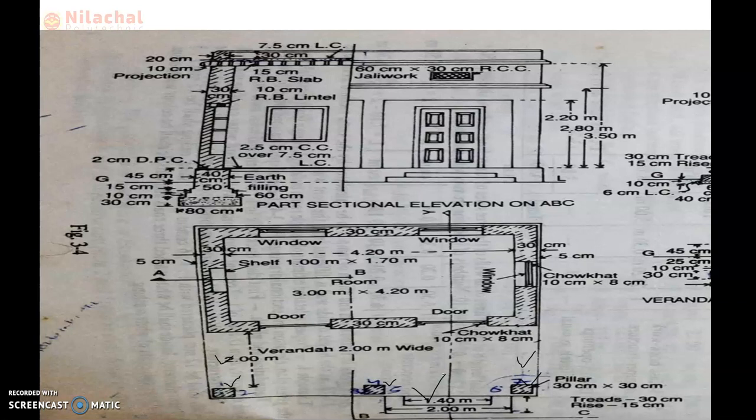We already considered the pillar value, so we do not need to consider the pillar value again in the veranda front wall, because we consider the veranda front wall from center to center distance, from this point to this point. So no need to add extra value for the pillar.